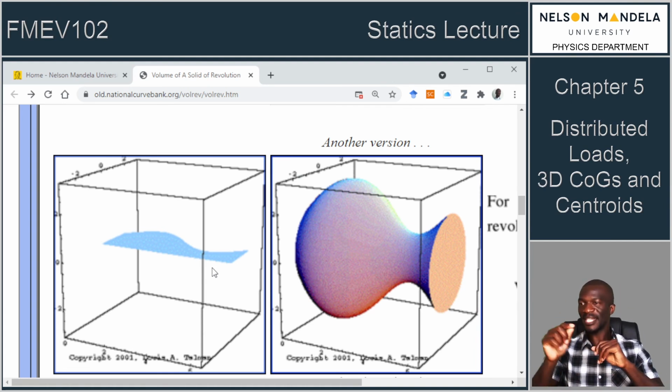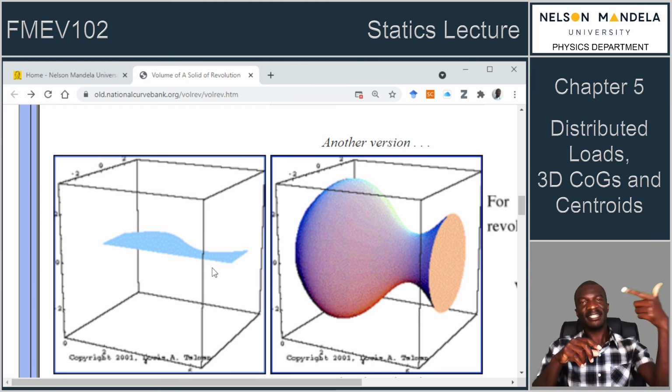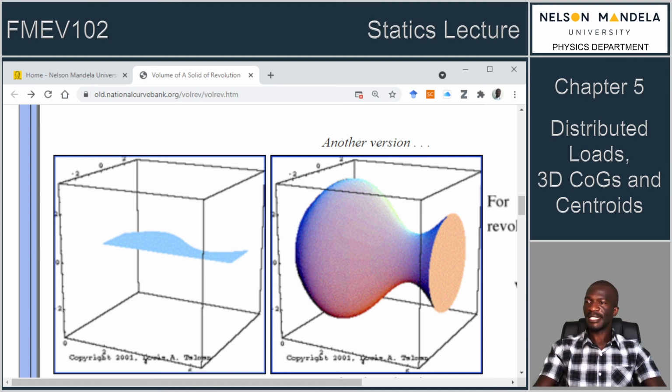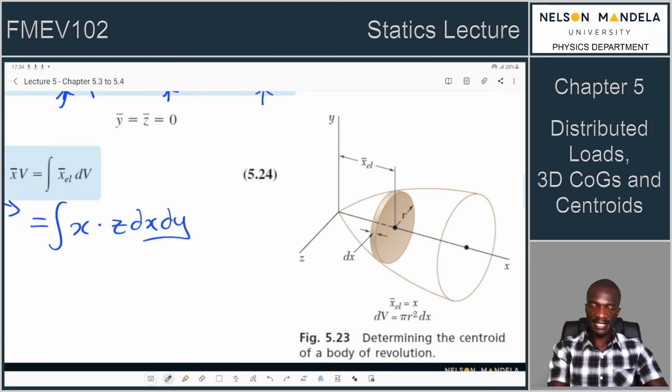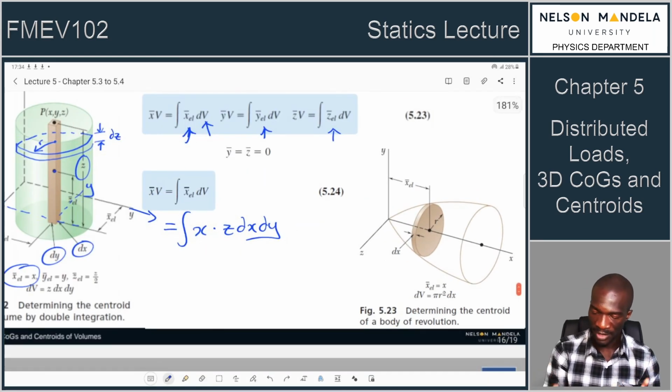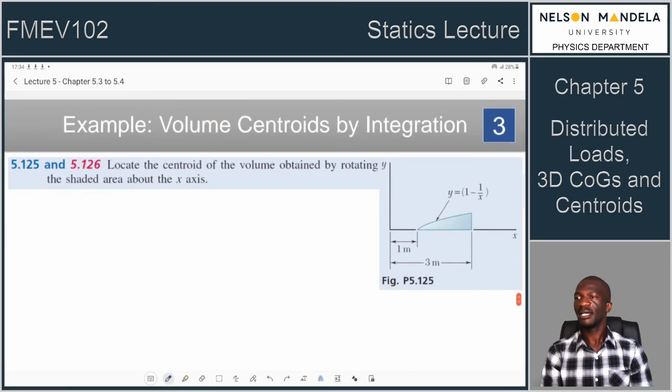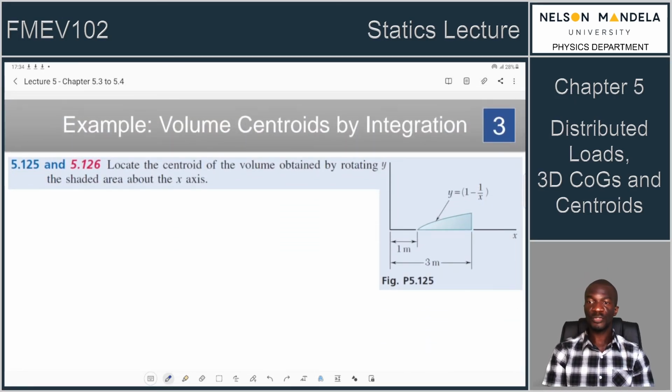There must be a function that generates this net that then gives you a piece of volume for integration, or the volume element. So basically that summarizes the volume elements that you can use to find centroids by integration.